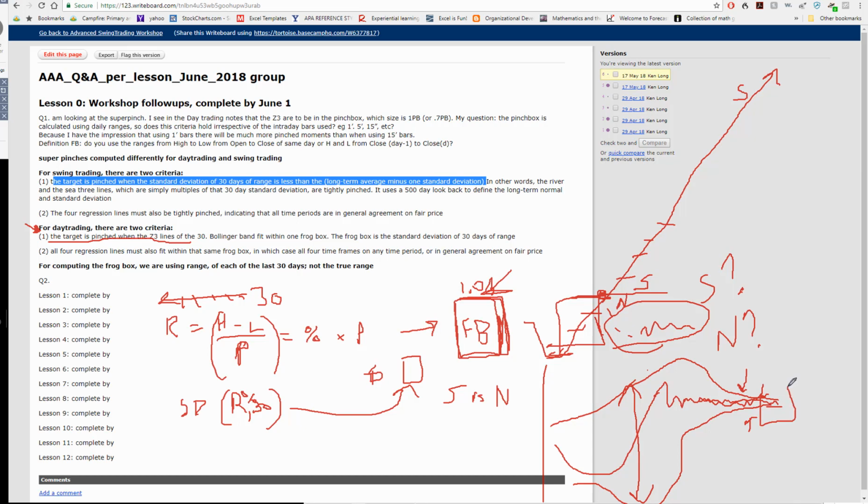And we said, man, that looks like it's really pinched. So when the Z3 lines, from Z3 to Z3, are less than a frog box, we now say intraday price is pinched.